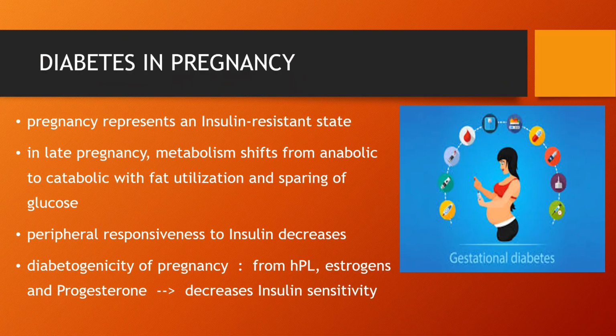Now let's talk about the condition of diabetes in pregnancy. Okay, so pregnancy will induce an insulin resistant state. In late pregnancy, metabolism shifts from anabolic to catabolic with fat utilization and sparing of your glucose. The peripheral responsiveness to insulin decreases.